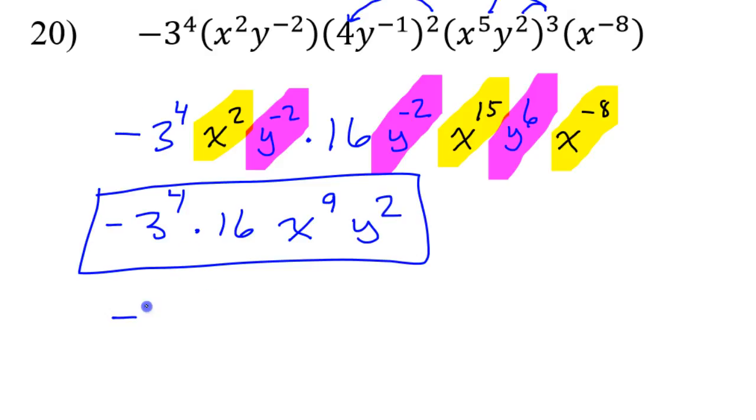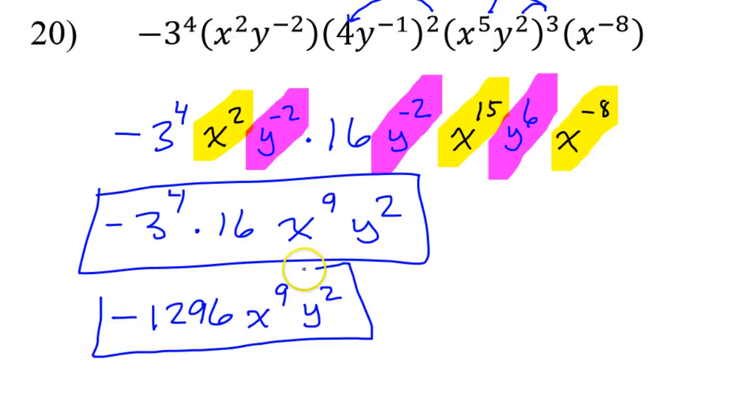So I could put negative 1,296 x to the 9th power y squared. My OCD was just, this is bugging me a little bit. So I would accept either one of these as an answer.